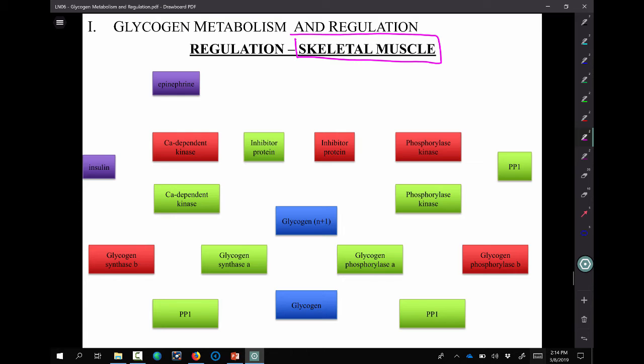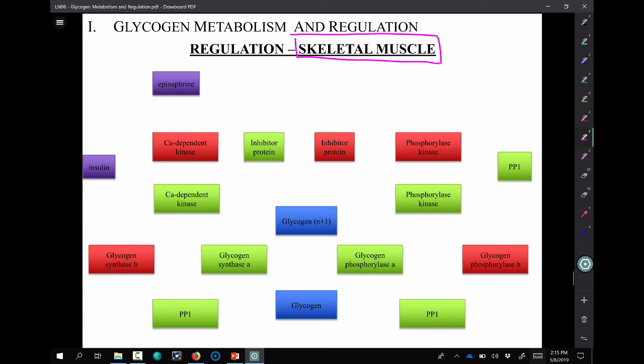Skeletal muscle is different because it is not equipped with glucose 6-phosphatase, so the release of glucose from glycogen is not going to lead to the ability to excrete glucose. So the only time that skeletal muscle would want to break down glycogen is when it needs glucose for its own energy needs. Of course, that would be during strenuous exercise or sustained contraction.